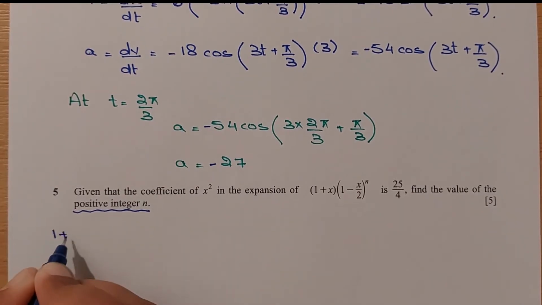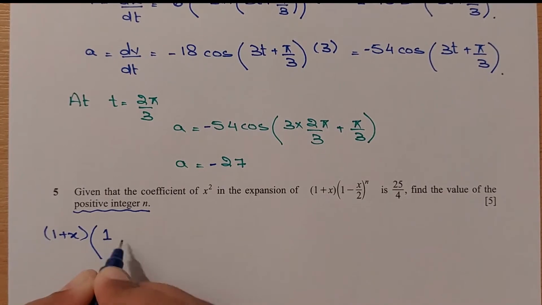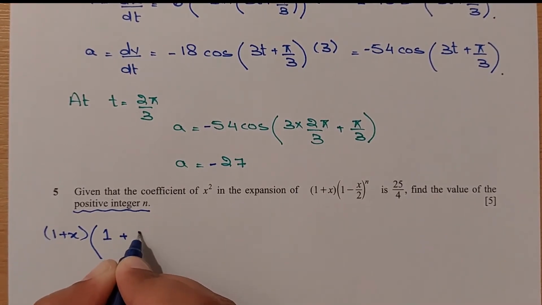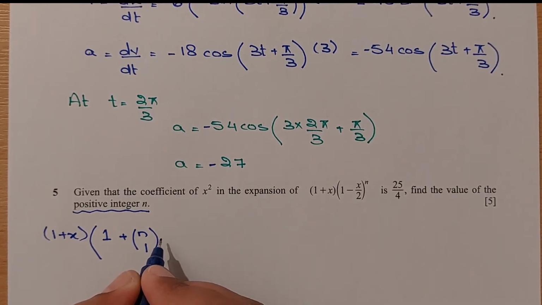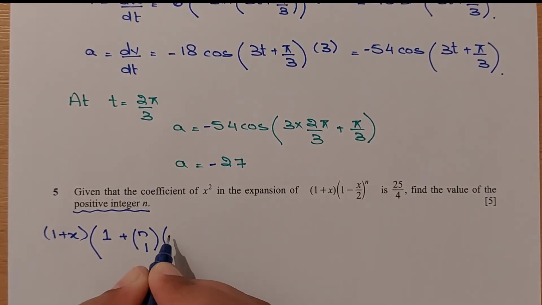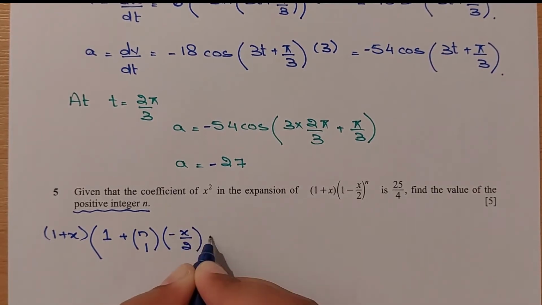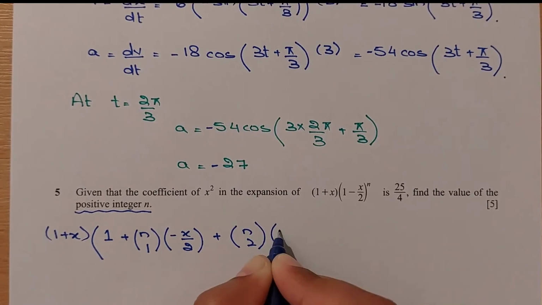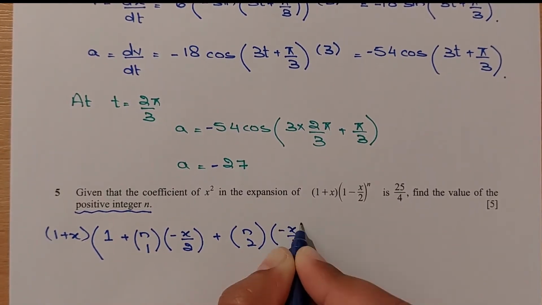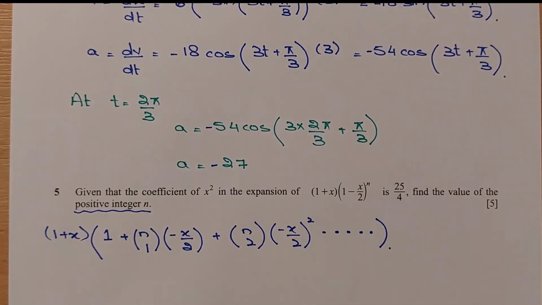So 1 plus x is as it is, into 1 plus nC1, 1 power n is just 1, so minus x by 2 power 1, plus nC2 minus x by 2 power 2, and so on, right?